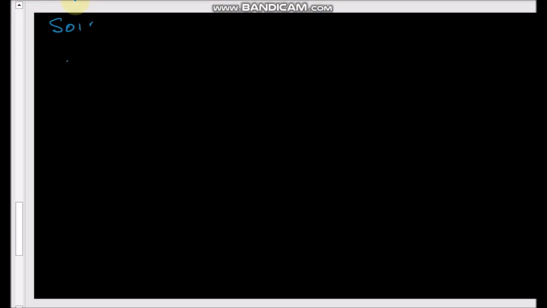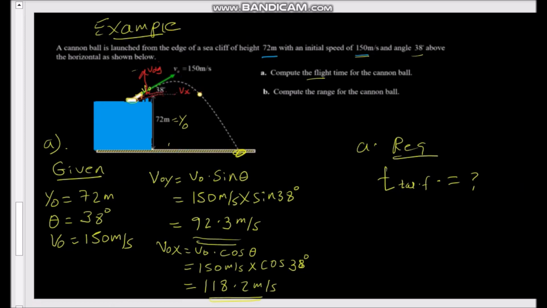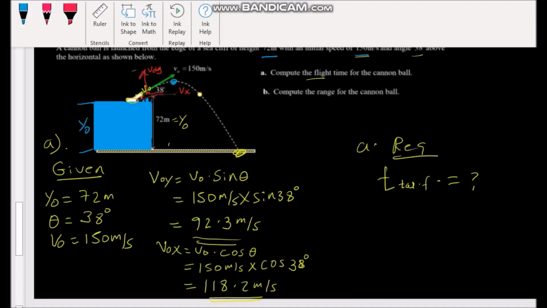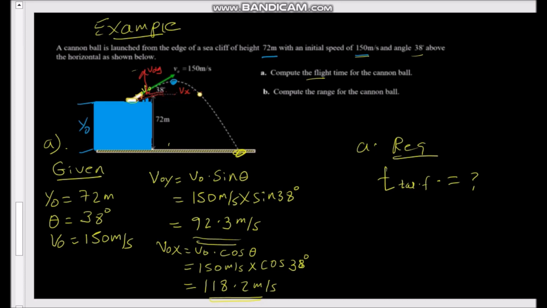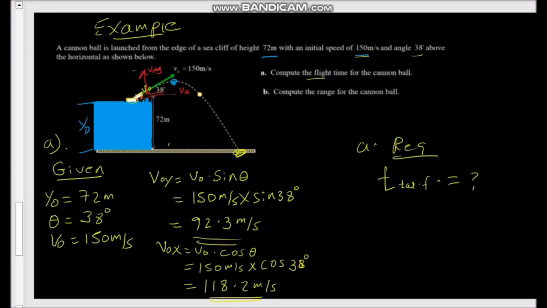Let me write the solution. We have this initial, from this point to this point, let's say y naught, and from this point to this point, let's say y, that means the maximum y, and we have here y final.